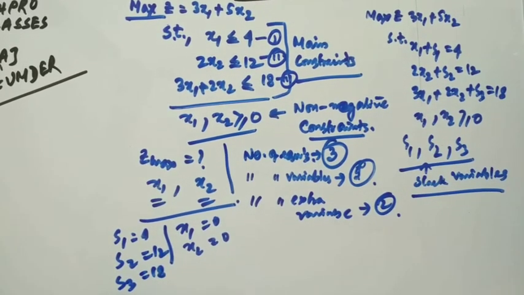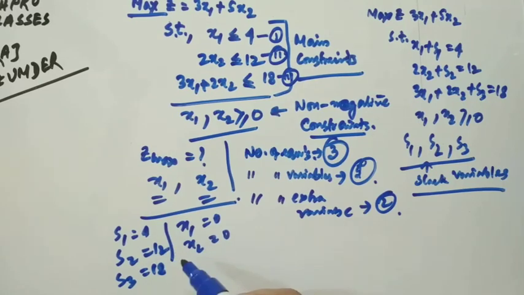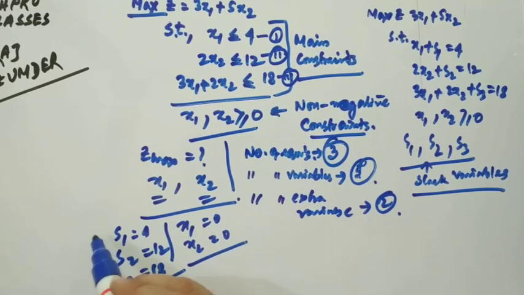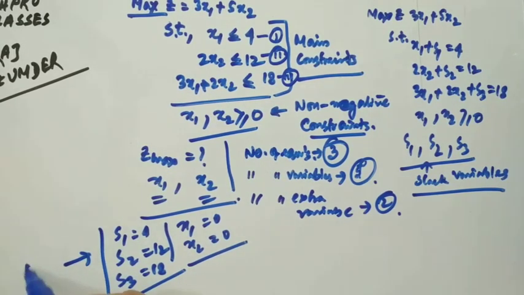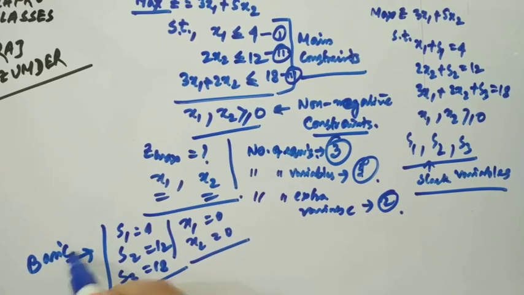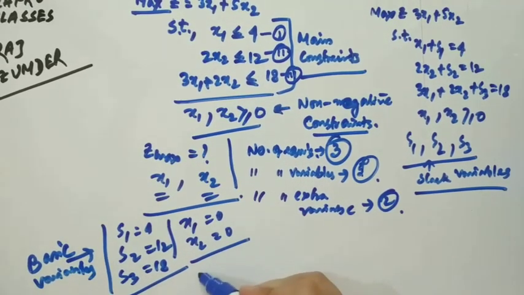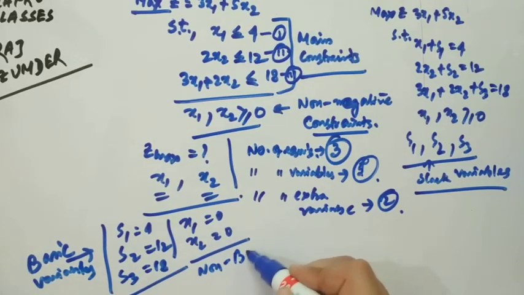So this is the hit and trial method. These are the non-basic variables and these are the basic variables.